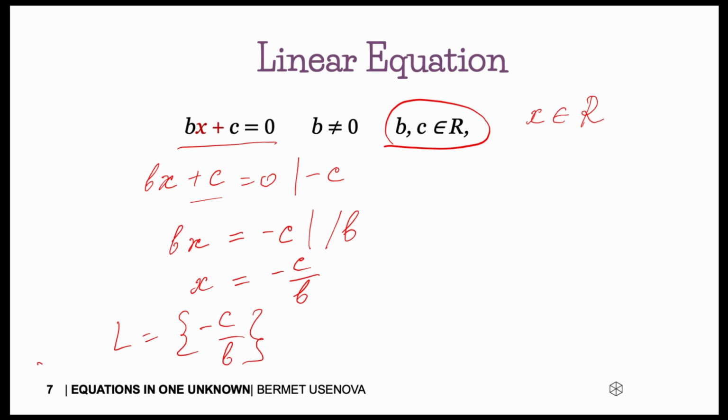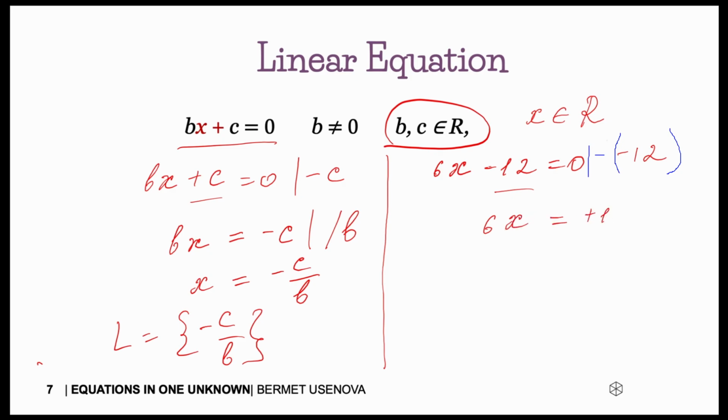It could be not very intuitive with the letters, but let's solve it like a normal equation with numbers. Let's say 6x minus 12 equals 0. We can add 12 to both sides of the equation. In this case, we will have 6x equal to 12. If 6x equals 12, then to find x, we have to divide both sides by 6.